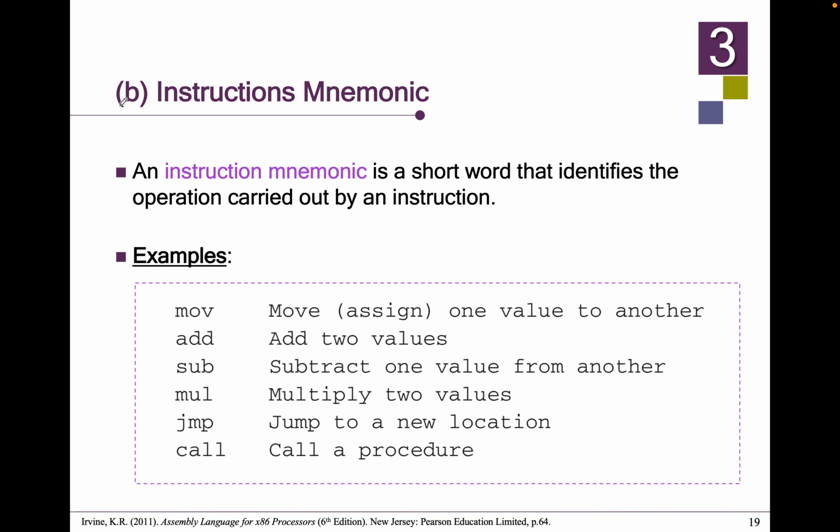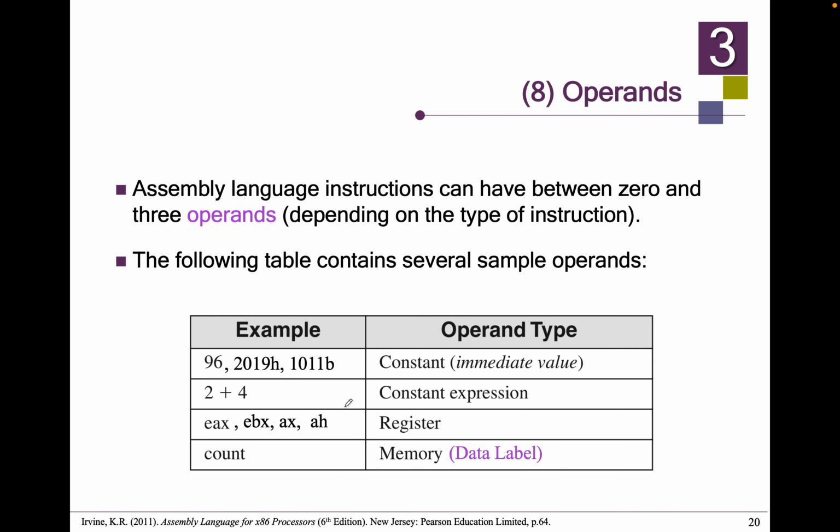Second is your instruction mnemonics. I think it can be called a short form for the instruction, like MOV is move, ADD of course is similar, MUL is multiply, and JMP is jump. So yeah, quite a short form.